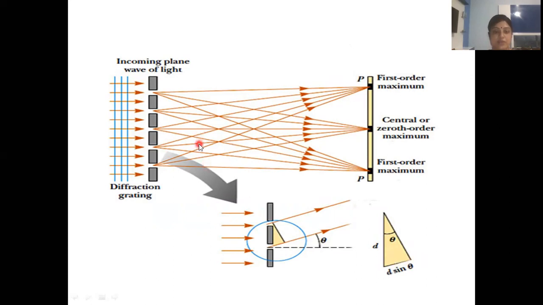Why a plus b sine theta? This path difference can be calculated. This portion is half of the width of the transparent portion, that is b by 2, plus a. So this dimension is a plus b.